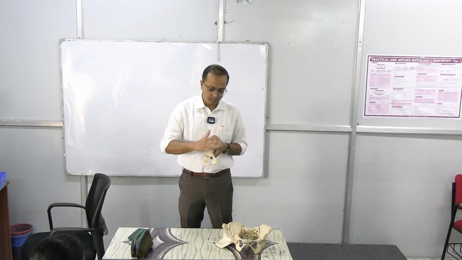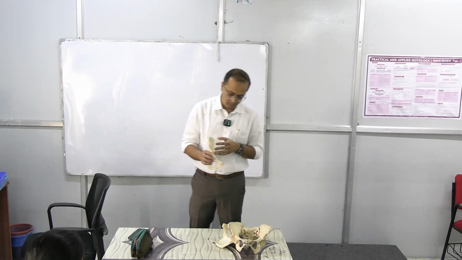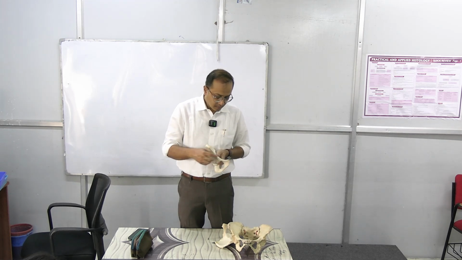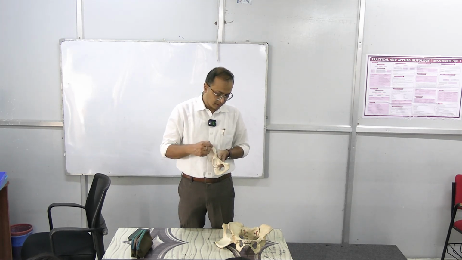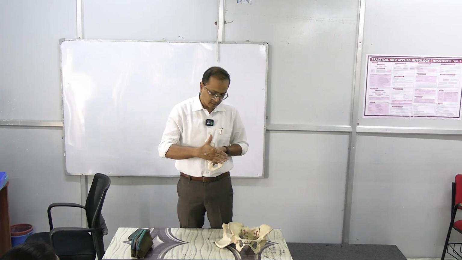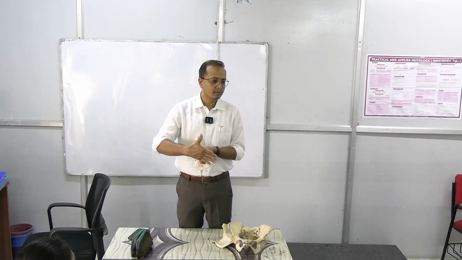Once you have identified the side, you have to hold it at the proper angle, that is, in the normal angle. The anterior superior iliac spine and the pubic tubercle present here should be on the same vertical plane. So it will be held in the normal vertical plane.